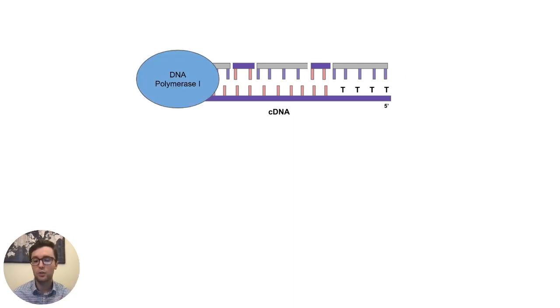However, that's actually not the only role that this DNA polymerase has. It also has some exonuclease activity. So at the same time that it's running along this cDNA and transcribing a second complementary strand, a double strand of the cDNA molecule, it's also eating up the mRNA and replacing it with the second strand of cDNA as well, as you can see here.